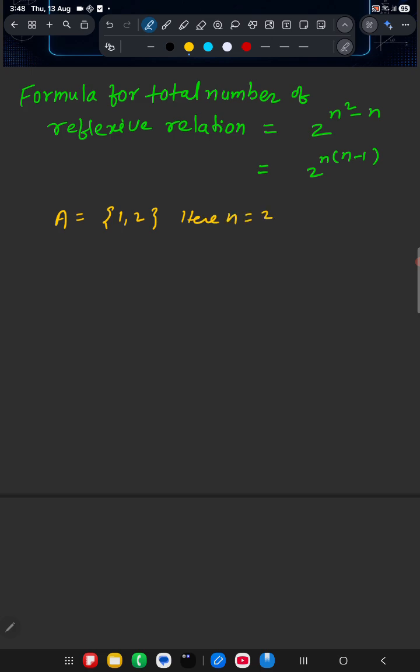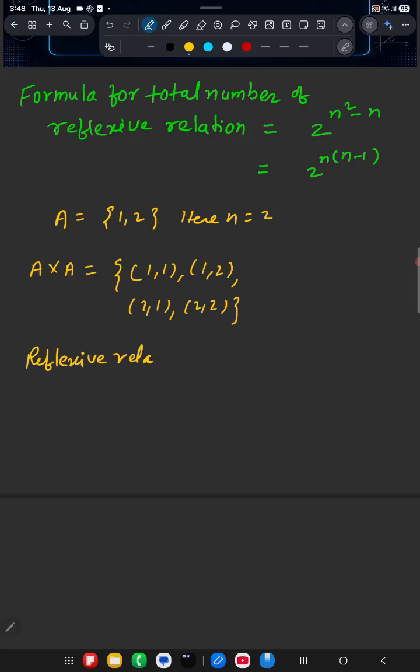If you do it practically, A cross A will have the members 1 1, 1 2, and 2 1, 2 2, isn't it? So the reflexive relations will be: one set containing 1 1 and 2 2, which must be there.